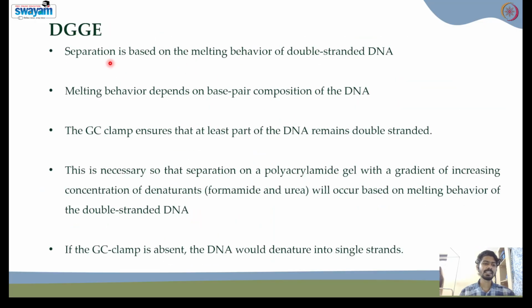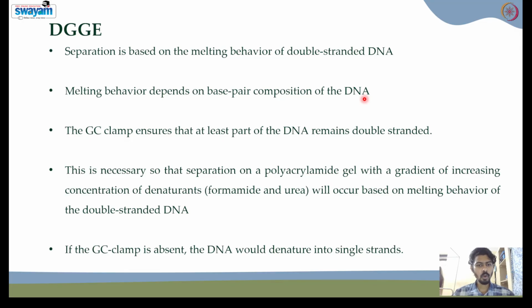As I said, the separation is purely based on the melting behavior of double-stranded DNA. And what does melting behavior depend upon? It depends upon the base pairing composition of the DNA. In a DNA, what pairs with what? Adenine will always pair with thymine, and cytosine will always pair with guanine.